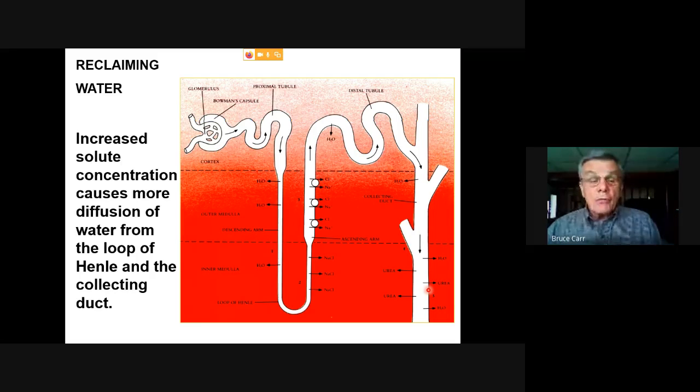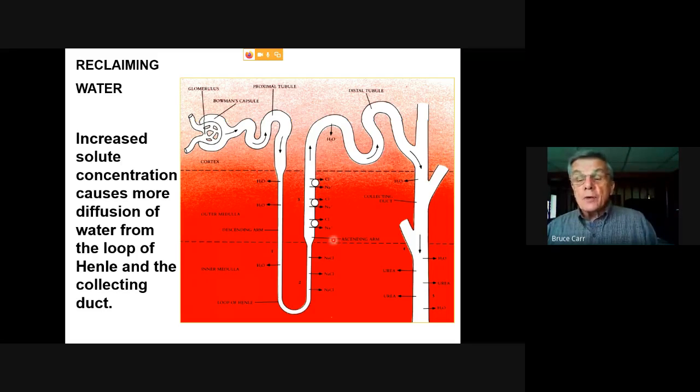Reclaiming water depends on this process, where the solute concentration causes the diffusion of more water from the loop of Henle and basically would reclaim it and retain it in the body.